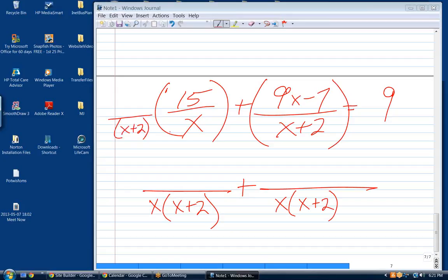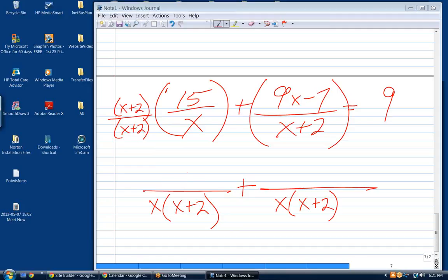But I can't just arbitrarily multiply it by x plus 2. However, I can arbitrarily multiply it by the number 1, which in this case is x plus 2 over x plus 2. So this gives me this common denominator.